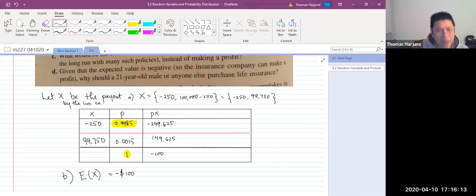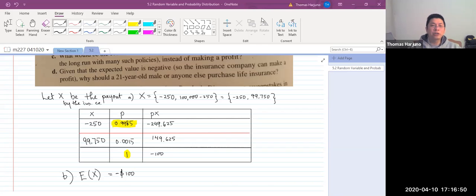Now, to say another way, from the point of view of the insurance company, then it means the insurance company is expecting to get profit $100 per insuree.